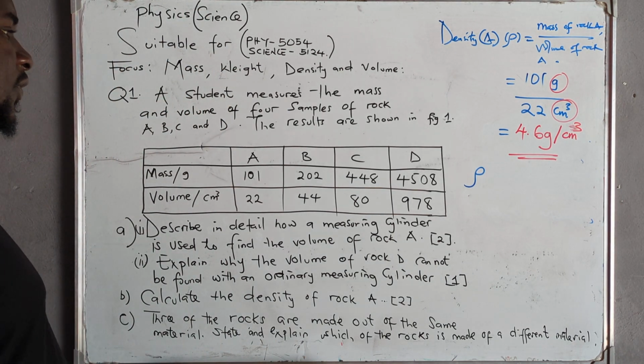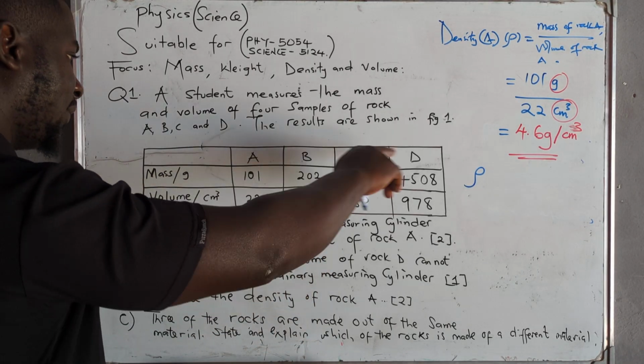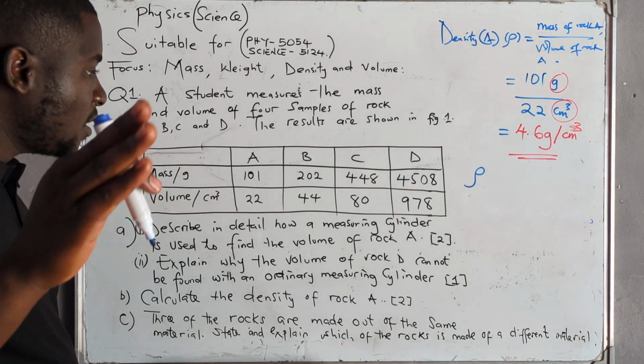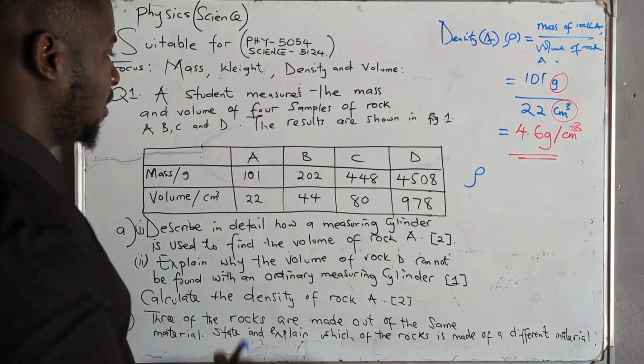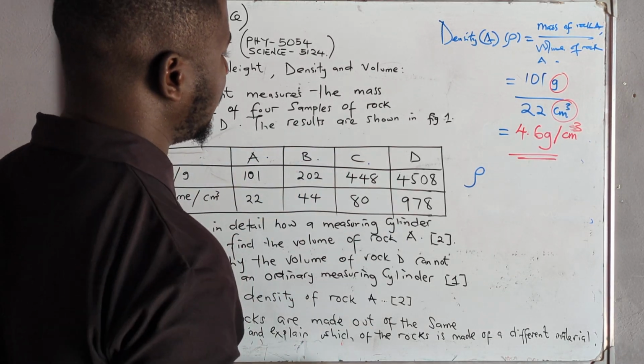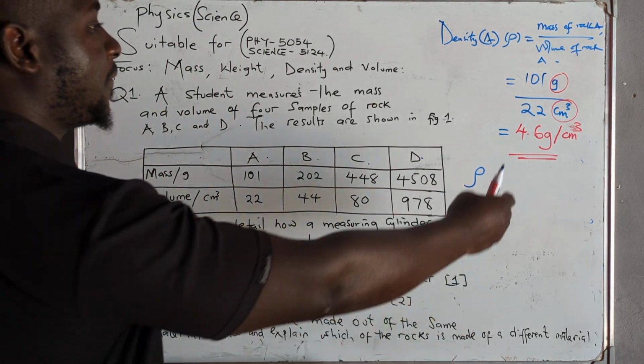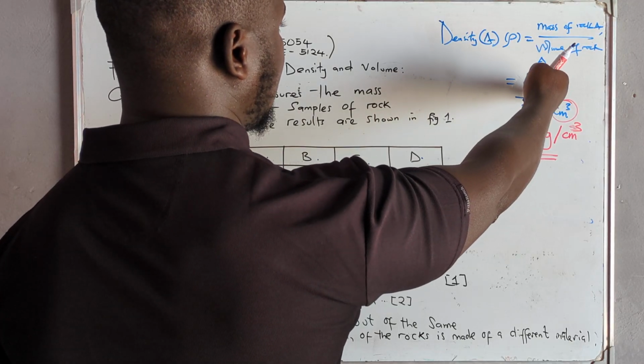So for you to be able to understand which one of the rocks is made of a different material, you calculate the density for this one, and the density for this one, as well as this one. Then you compare. Already we've calculated the density for A.